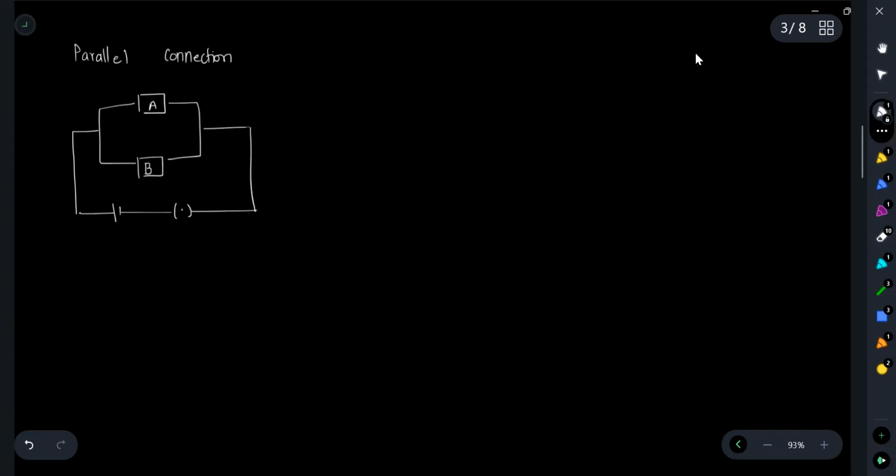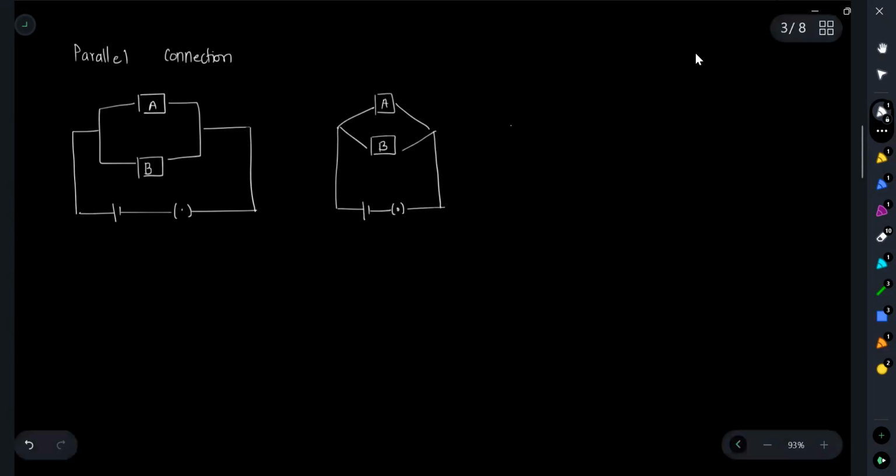So these two are connected in parallel. Now this is the same as drawing this other figure, device A, device B. So you just have to look for the connections. These two diagrams are exactly the same circuits. They are not different circuits.